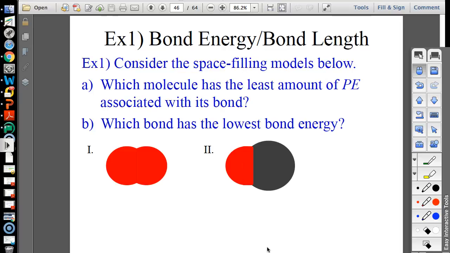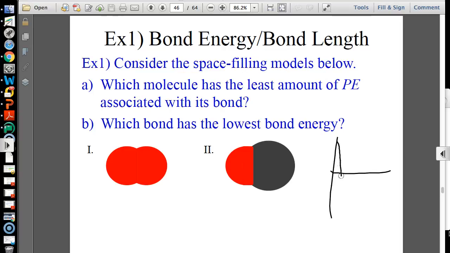So which molecule has the least amount of potential energy, Sarah? Just pick one and let's talk through it. The first one. All right, so the least amount of potential energy, we're talking about this graph again.